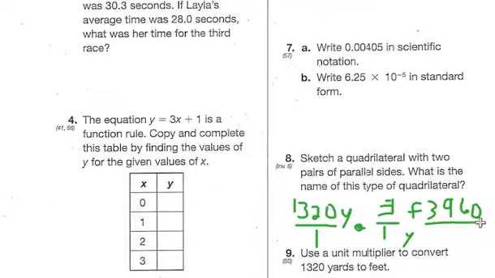So we have 3,960 over 1, which is the same as 3,960. And then how do we label it? Well, we have yards here, and we have yards here. So those two cross out, and we have feet. So we have 3,960. I'll stick my label over there, feet. And that is the first half of the test, and then we're going to be flipping it over.